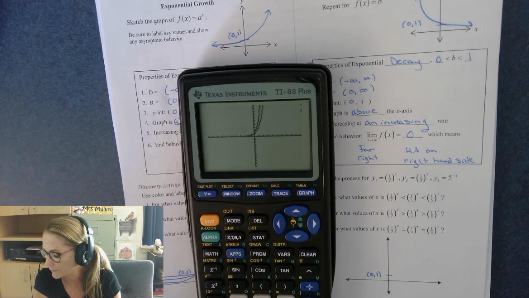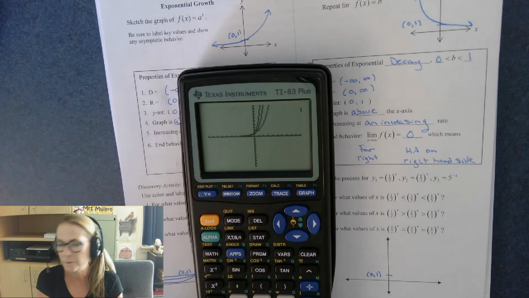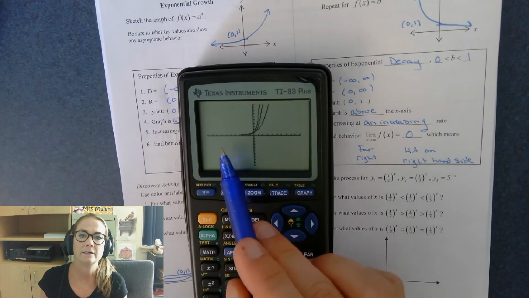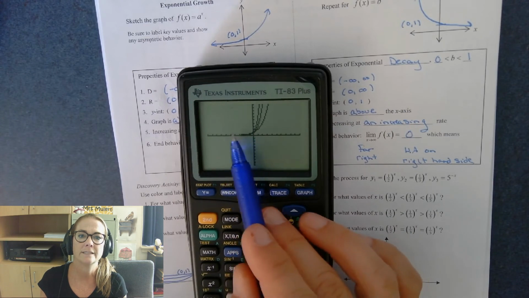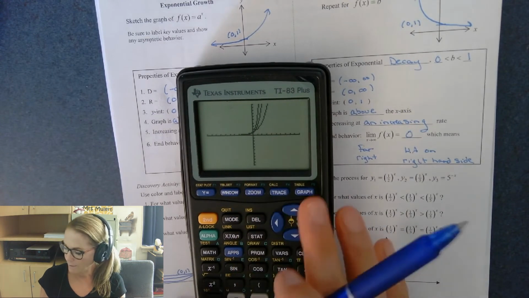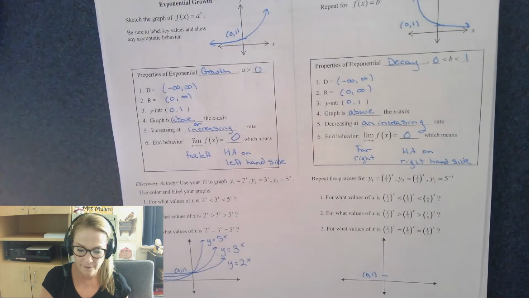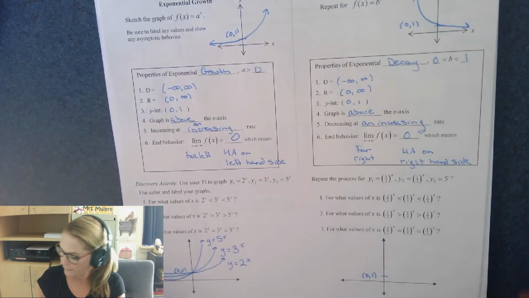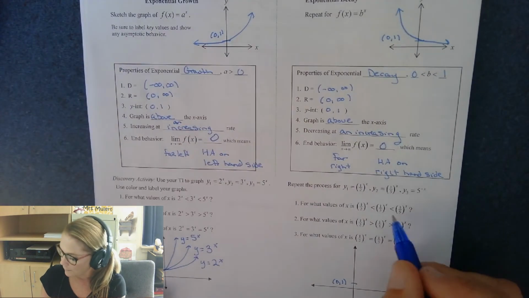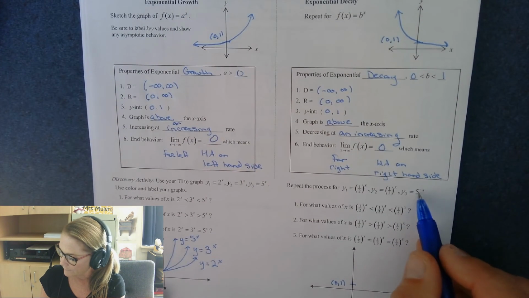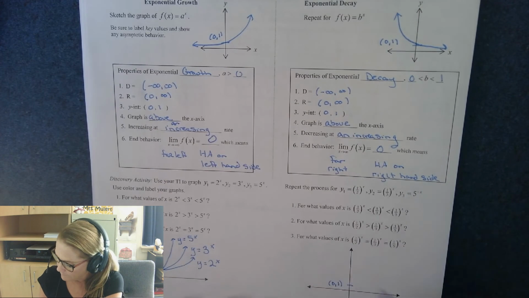There you go, there's the 3 to the x, and there's the 2 to the x. Very similar over towards the asymptote, but you can see the difference right there. And then on this other side, these are all decays because you've got this 5 to the negative x. Same type of thing.